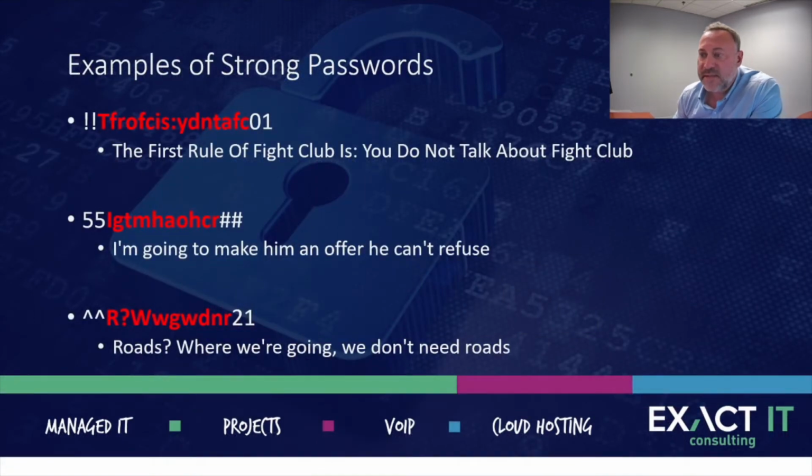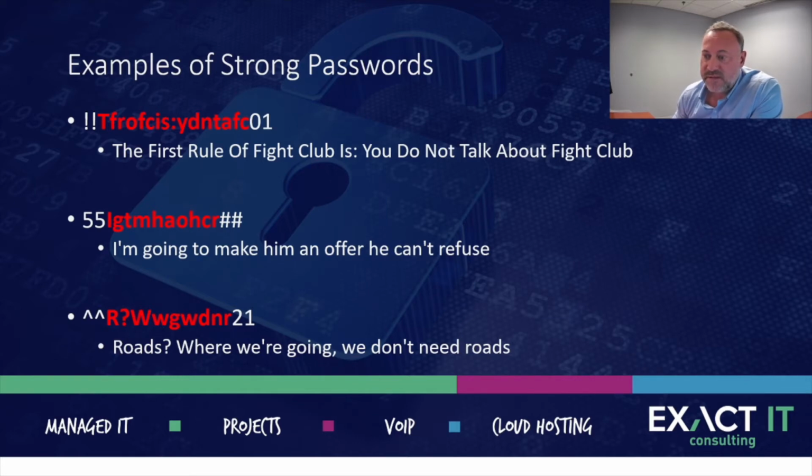So if we go back to our examples, these are phrases from movies. The first movie was Fight Club, and the phrase was, the first rule of Fight Club is, you do not talk about Fight Club. So now that mixed-up jumble of letters and numbers and symbols starts to make a little bit more sense.